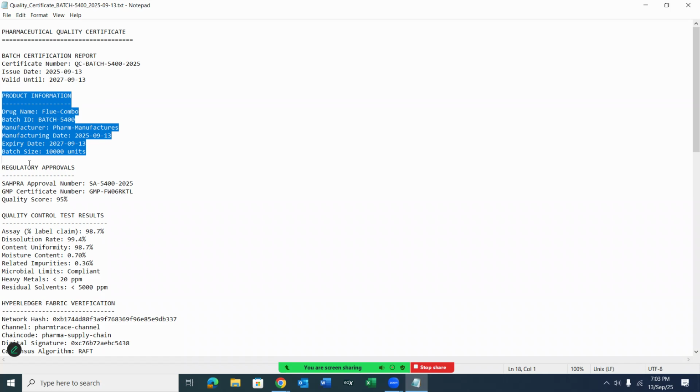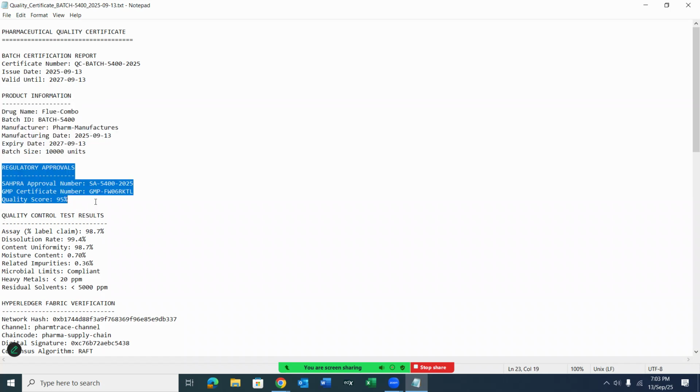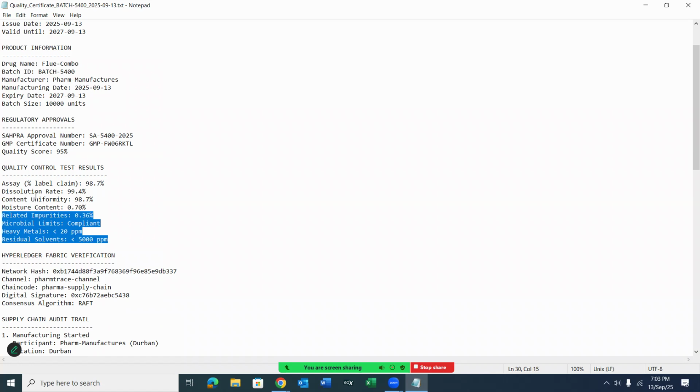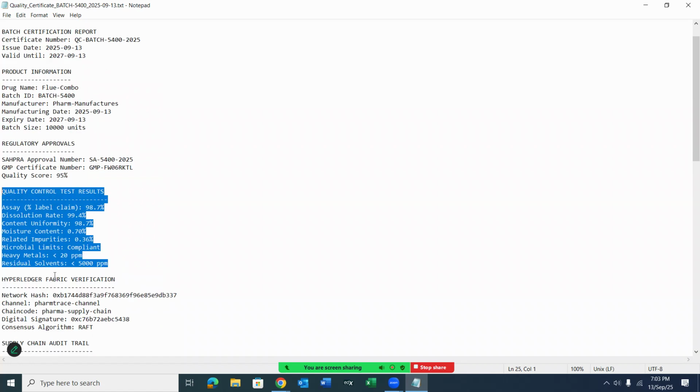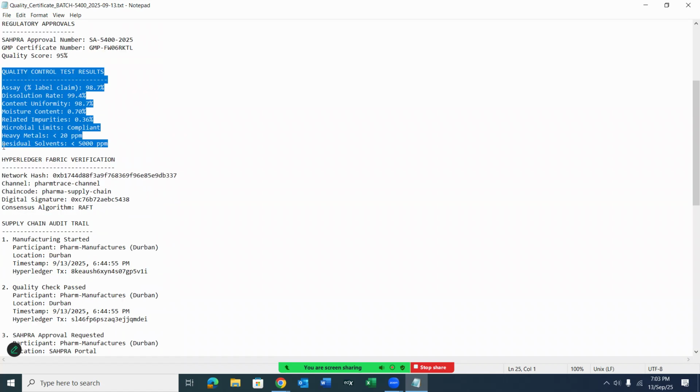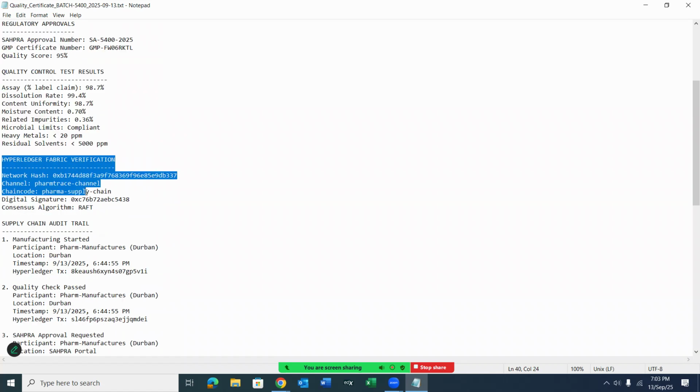And then the regulatory approval. So for governance now, it shows that this also complies with the governance SAPRA approval number, the SAPRA certificate number, the quality score based on this information when they were testing it, the quality control test results from SAPRA, then the information for Hyperledger Fabric verification.